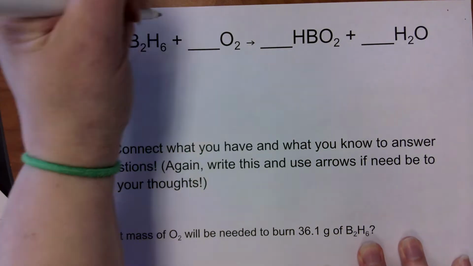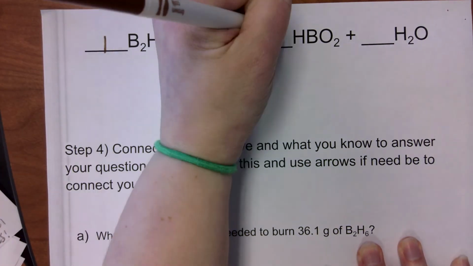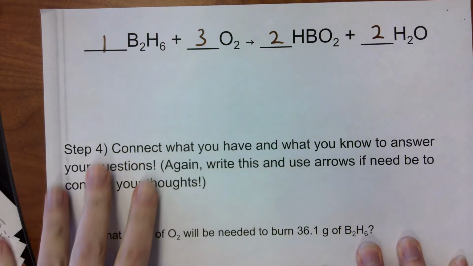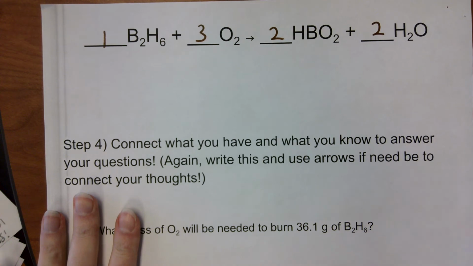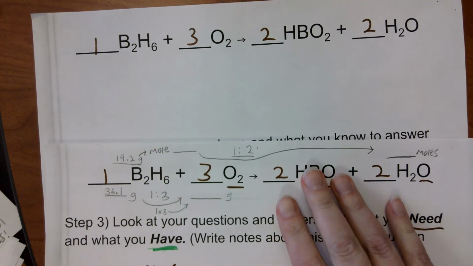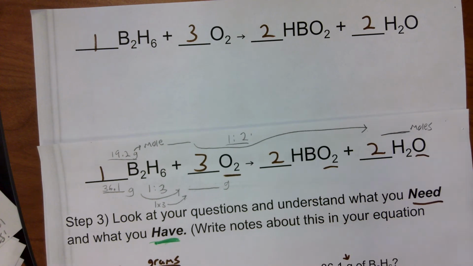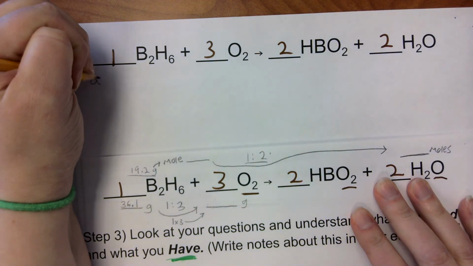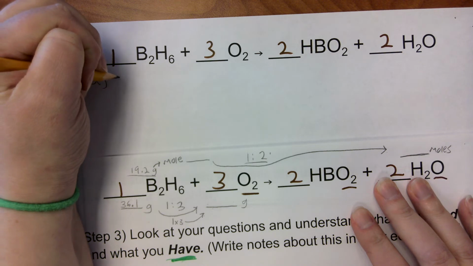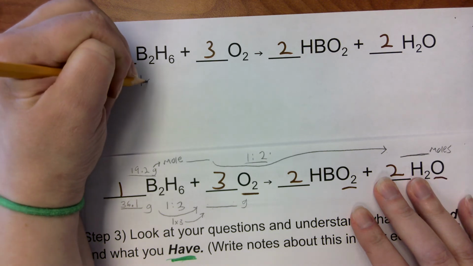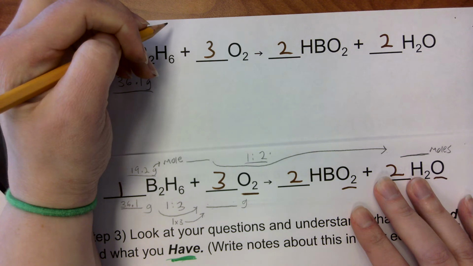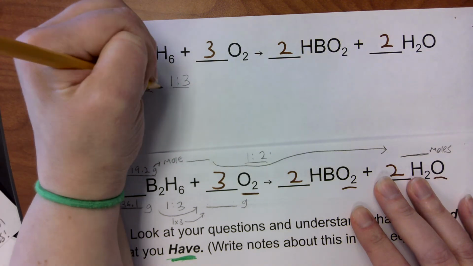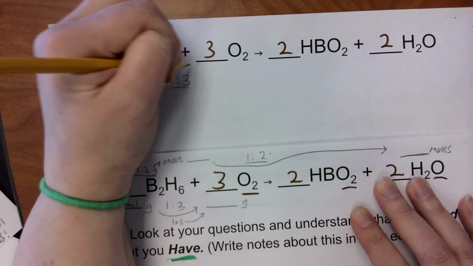So I'm going to again bring my numbers over, 3, 2, and 2. Okay, and I'm going to copy my stuff from here over. So for A here, we know that we have 36.1 grams there, and a 1 to 3 ratio between these two.